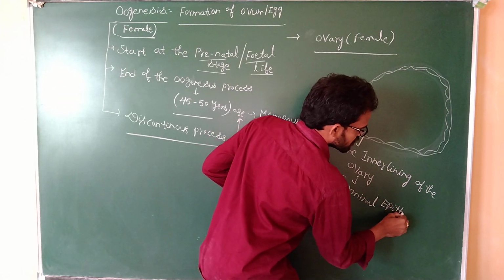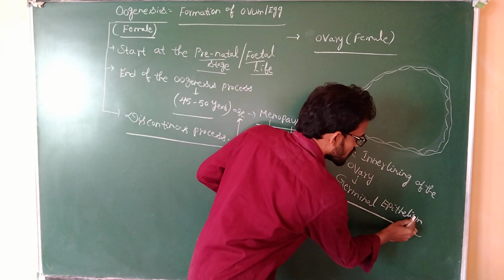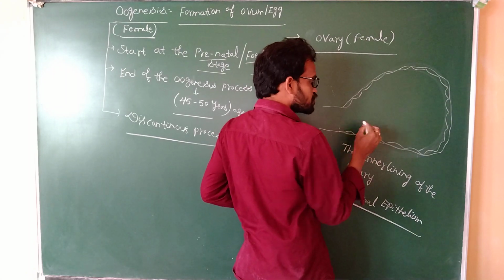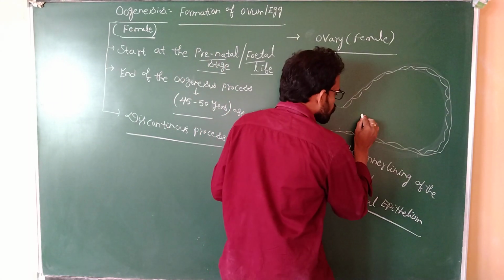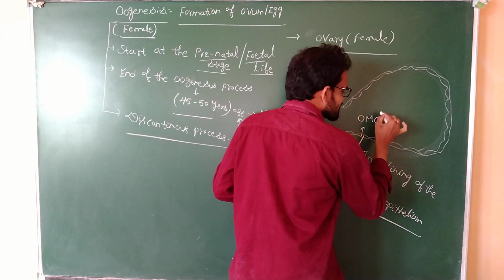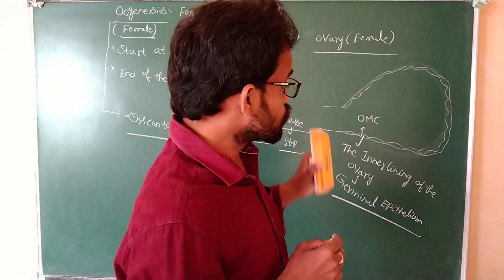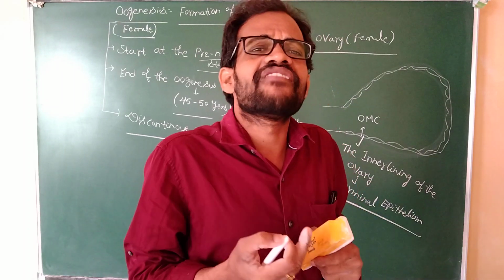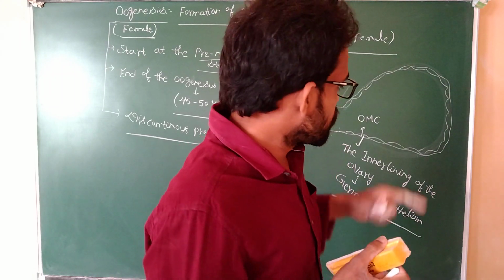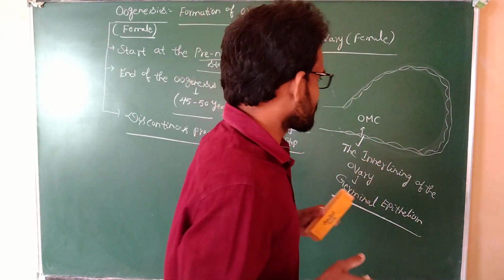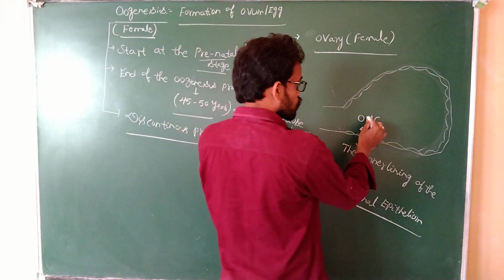These germinal epithelial cells are also known as oogonium mother cells or oogonium stem cells. These oogonium mother cells continuously divide. They participate in mitosis, meiosis 1 and meiosis 2. They will produce egg cells.